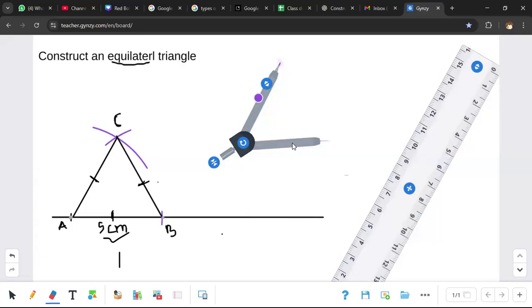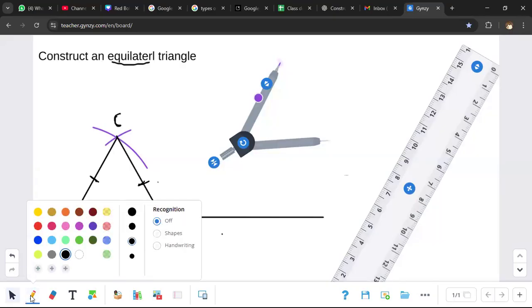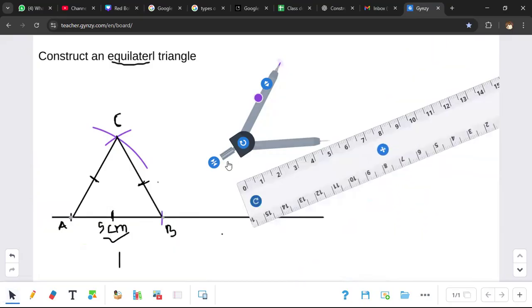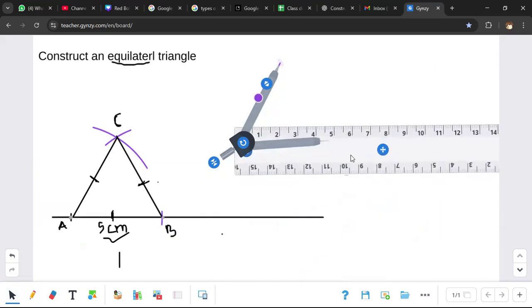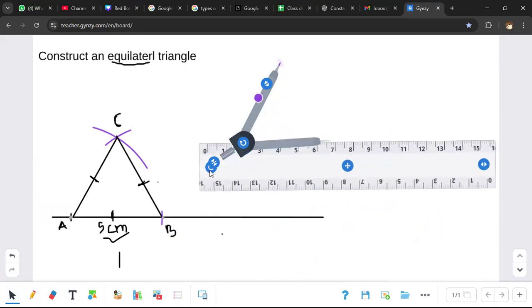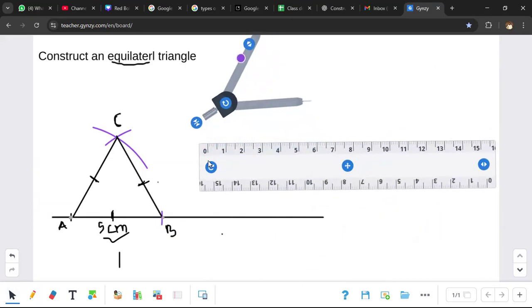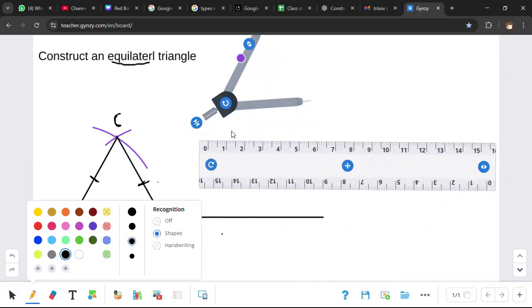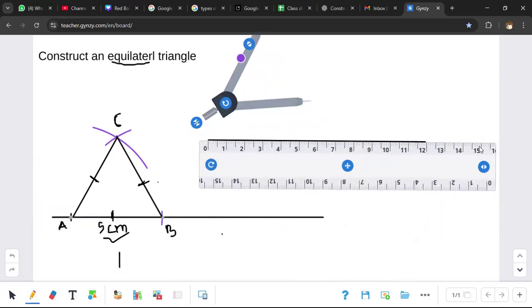Right. So first of all, what I need to do is draw a 2.5 centimeter length straight line segment. For that, I need to place my ruler like this, and I have to draw a long straight line like this.